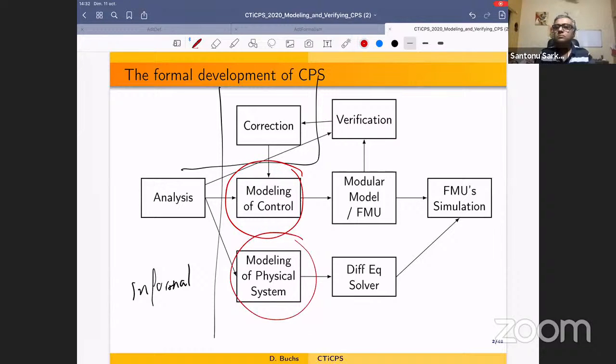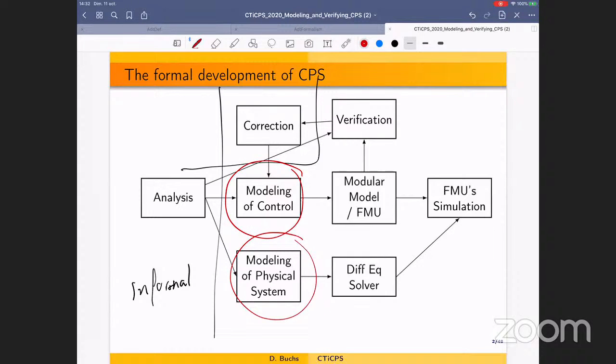So the idea is at the end to produce only one artifact, but I will discuss mainly the line where there is a modeling of control. We have to establish probably some modularity in the model in order to decompose, to have an approach decomposing the problem into modular submodels. So this is another aspect.